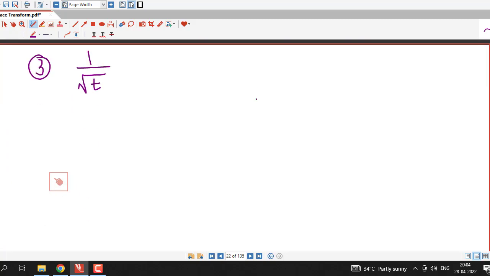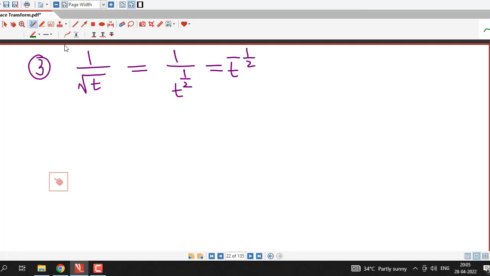Let's take another example. Here we have to find the Laplace transform of 1 divided by square root of t, which we can rewrite as 1 divided by t raised to 1/2, and this we can rewrite as t raised to minus 1/2.